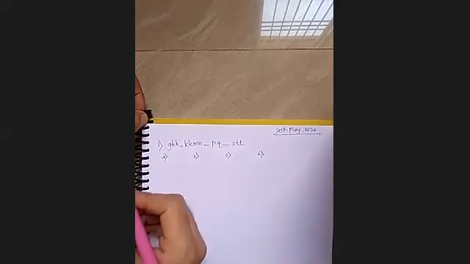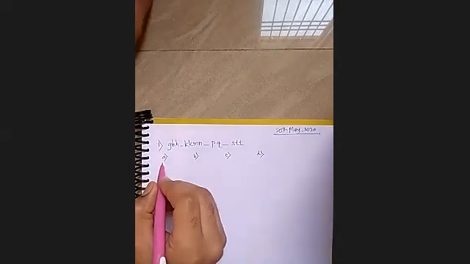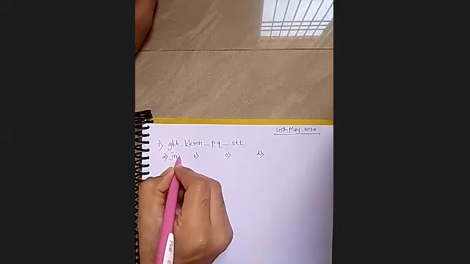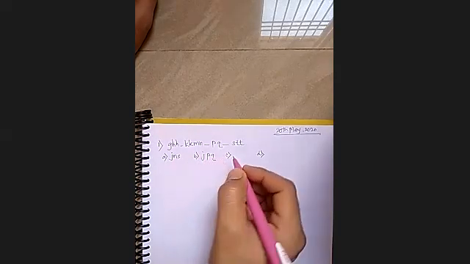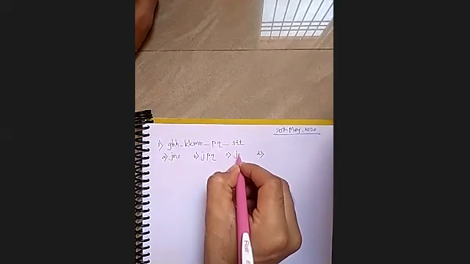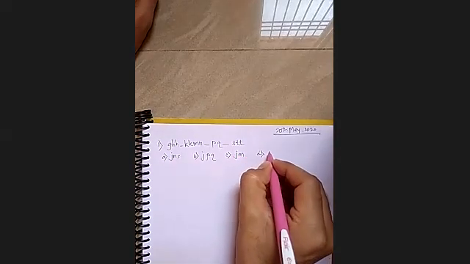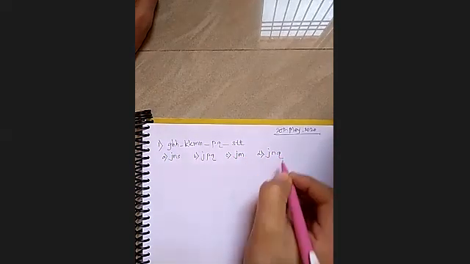So your options are JNS, JPQ, JM and JNQ.